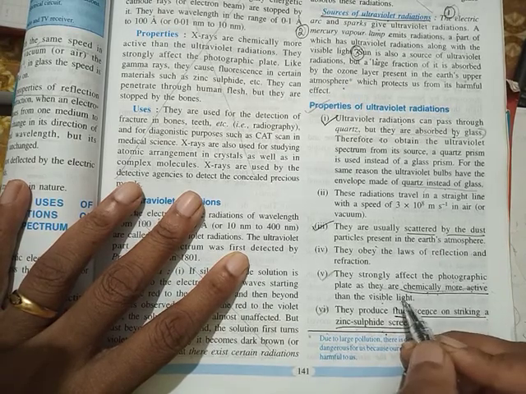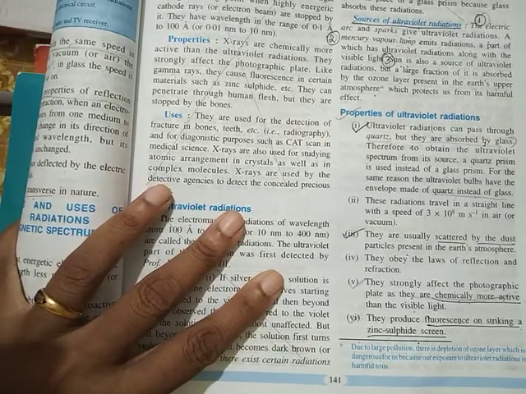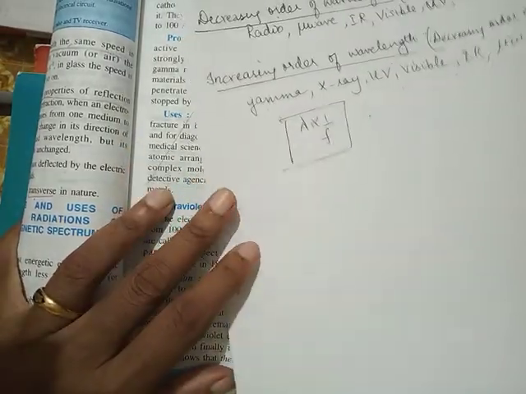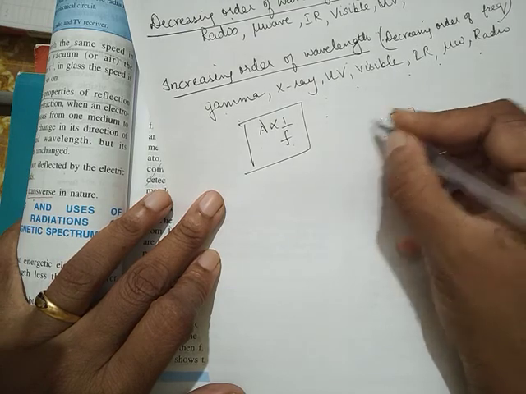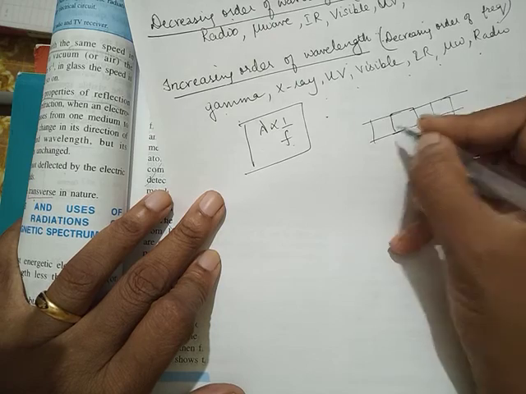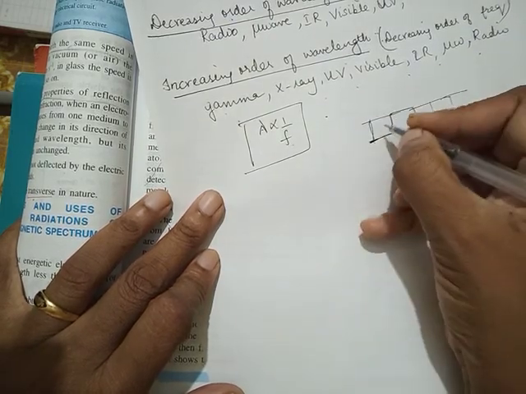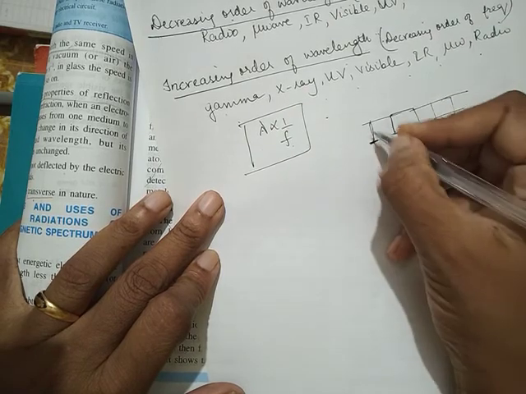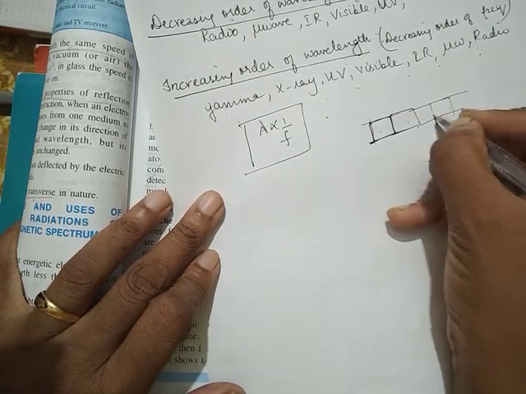Now, photographic plate means, you remember in earlier days before the digital one came, we used to have those films, photographic films, which is black in color. Used to have this reel kind of a thing. There will be a roll on which each one you can click a picture and it will be stored in the one, then the next one, then the next one, like that.